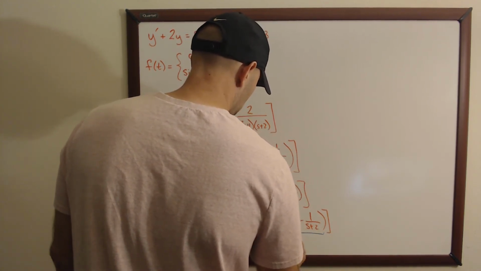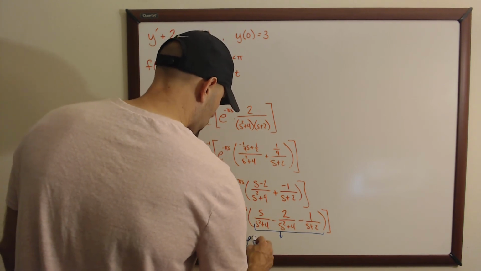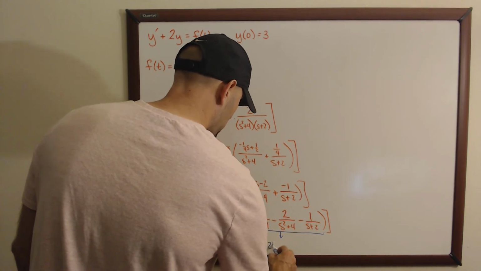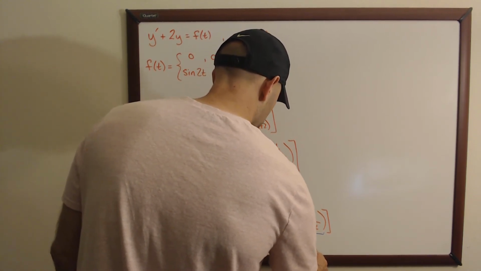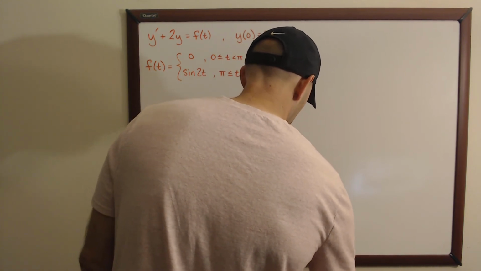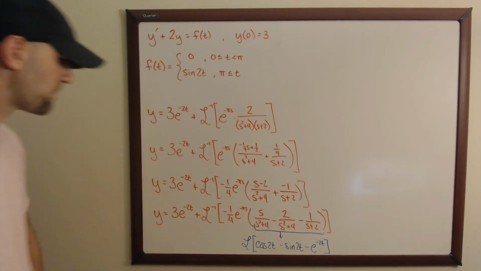Okay. So that right there is the Laplace transform of cosine 2t minus sine 2t minus e to the negative 2t, right?